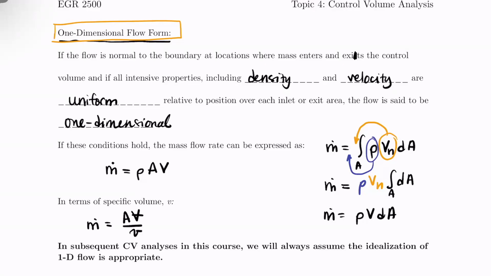But if you remember, m dot is equal to V dot over specific volume. So this means that V dot is equal to A times V. Nope, not volume, velocity.